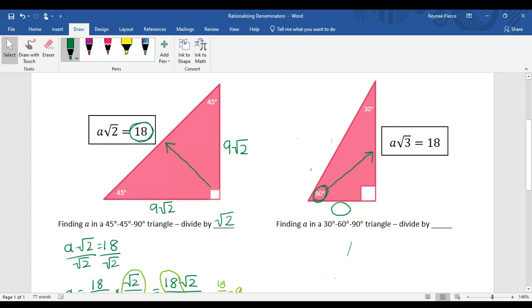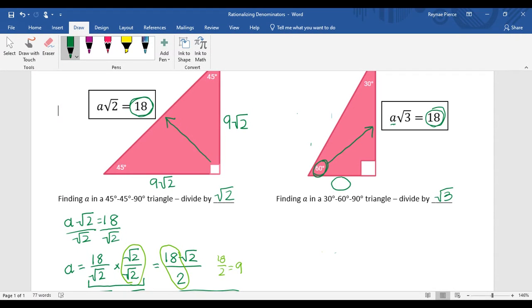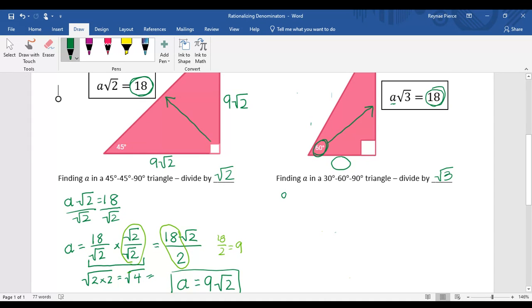Now for a 30, 60, 90, if that long leg is a whole number, we're going to divide it by the square root of 3 because it's supposed to be something times the square root of 3. So when we consider 18 over the square root of 3, that is technically the length of that short leg.